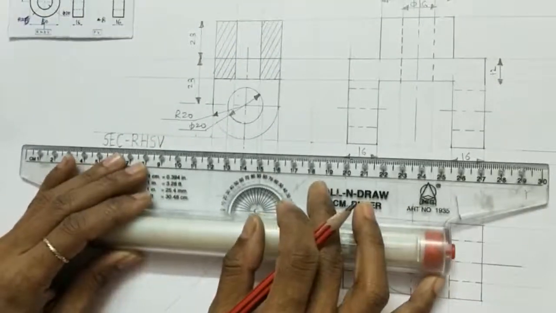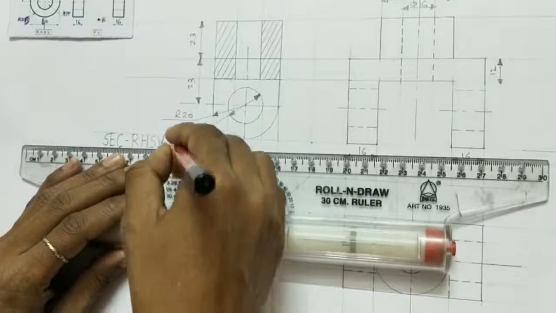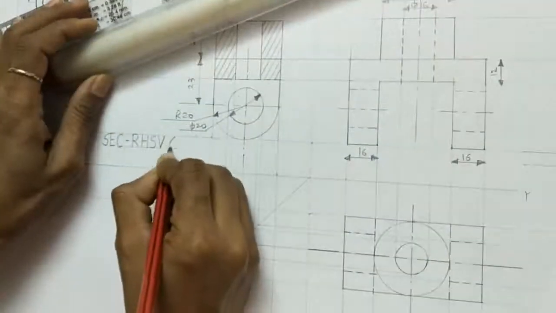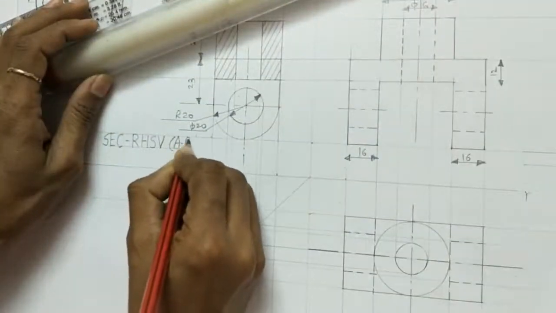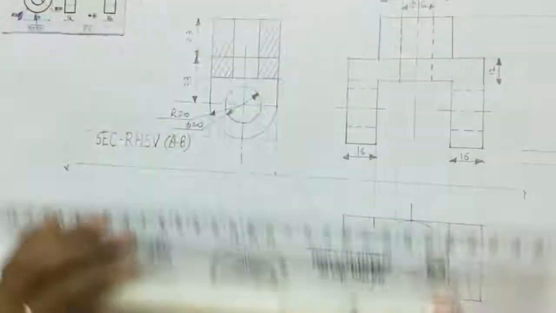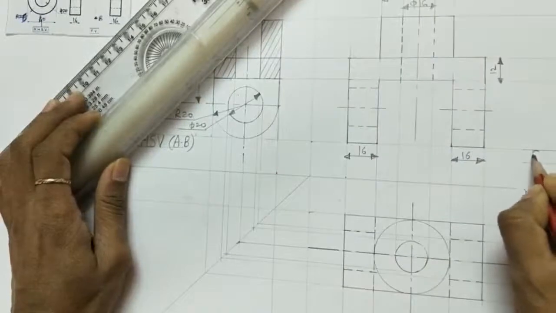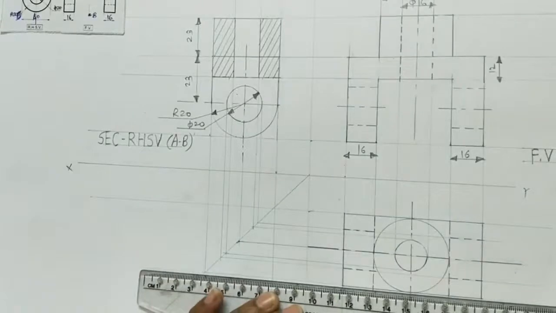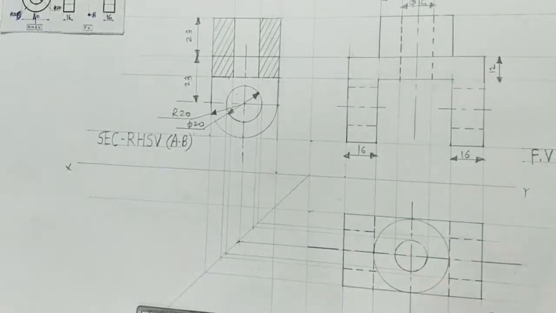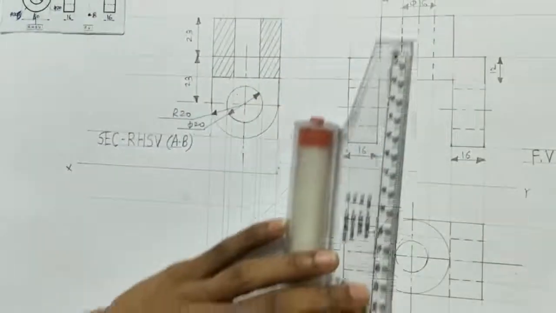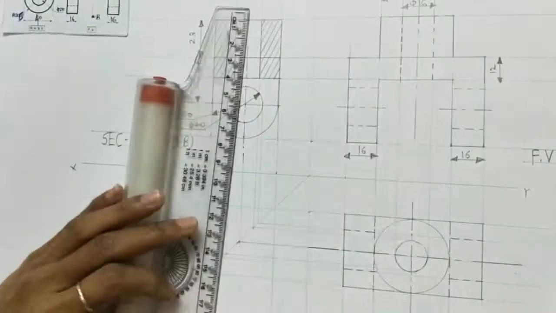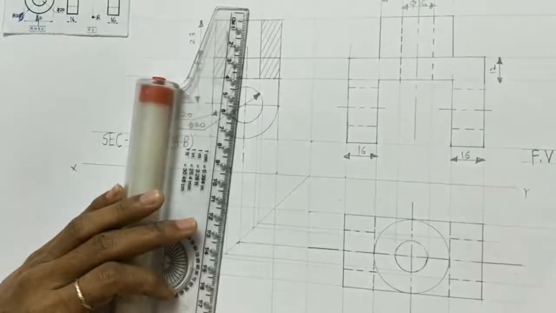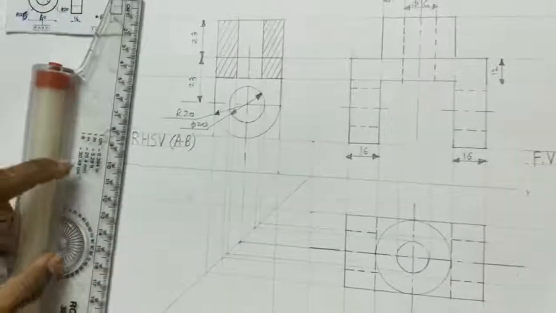I will extend this line, and section is along AB, so mention here A and B. Here give name as front view, and we will give name of top view as top view.